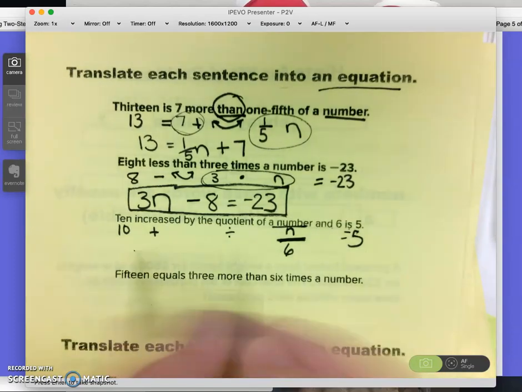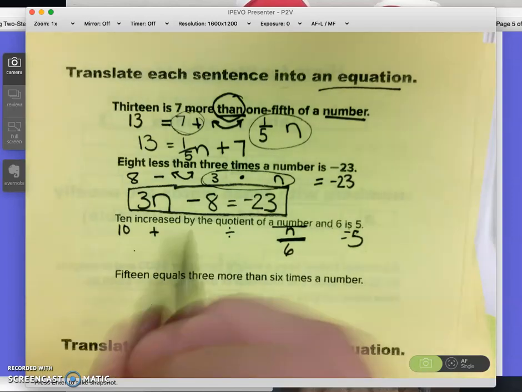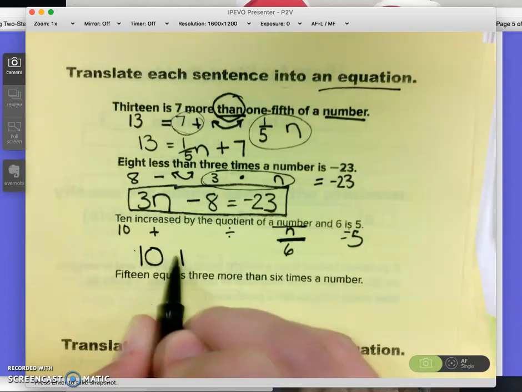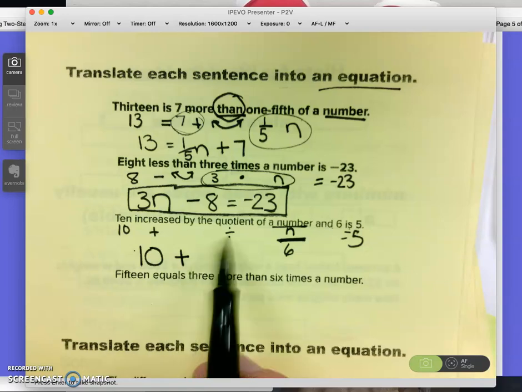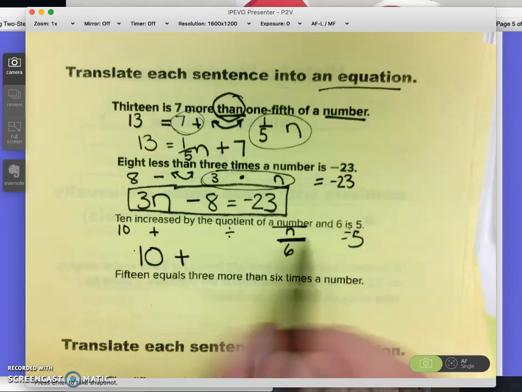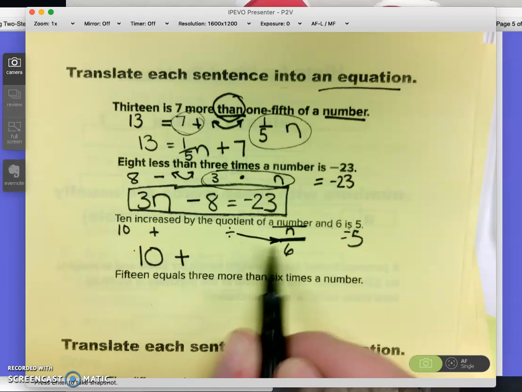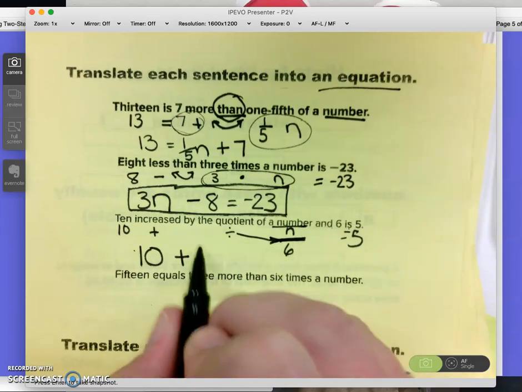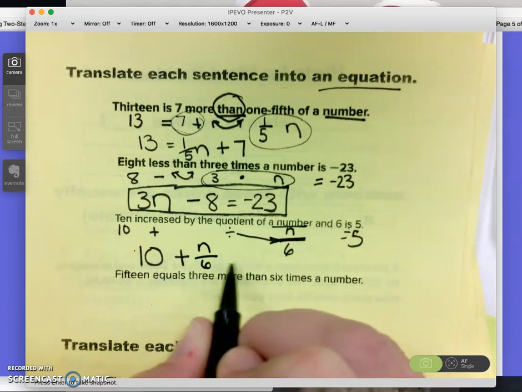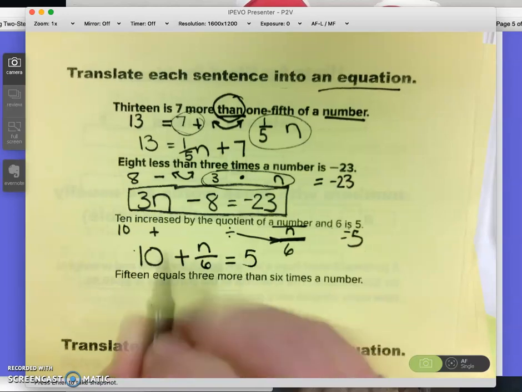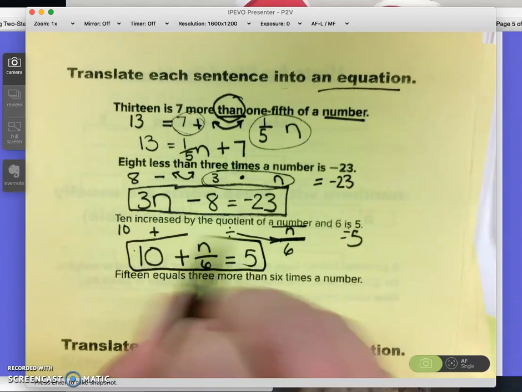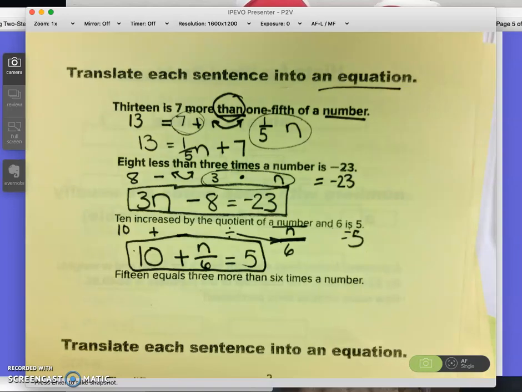So there's no changing the order, so I'm pretty much going to rewrite this. But now I'm not going to use plus and then divide, right? This division is the same as this division bar. So I'm going to do n divided by 6 equals 5. Still with me? The more problems we go through, the more sense it will make.